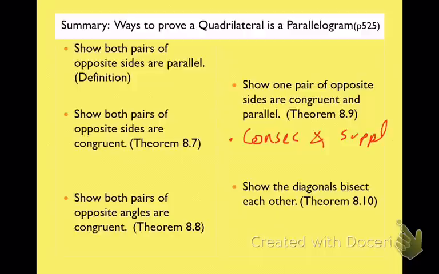Now, you'd have to show that a couple of pairs of consecutive angles were supplementary, but you could get it done if you ever needed to. That's one property that we're not really talking about here. It's kind of the hidden property. We're not going to do that very often because it's pretty tough to show that angles are supplementary. But it is there, and it is possible.